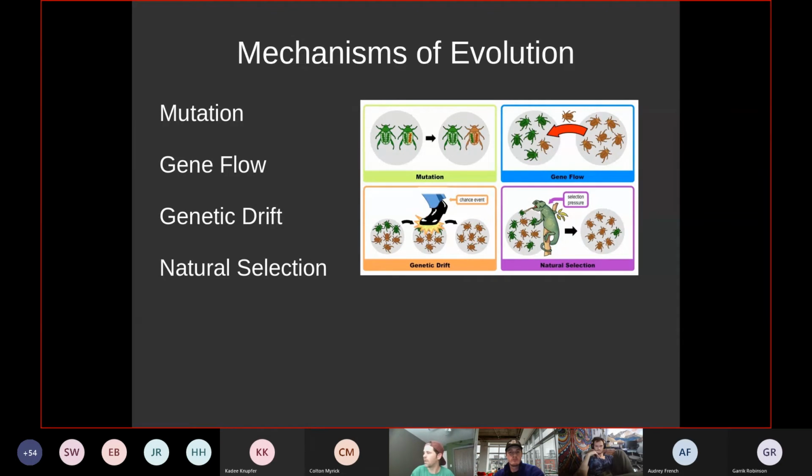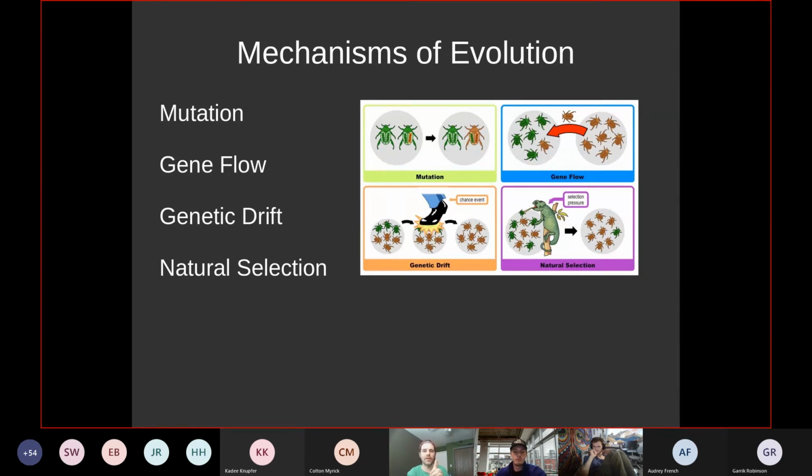Gene flow, this is immigration and emigration. So genes moving from one population to another. Then you've got genetic drift, that's the random one, where it's chance events killing off or selecting between things. And then natural selection, which we've been talking about, where there's a distinctive selective pressure for or against some alleles.